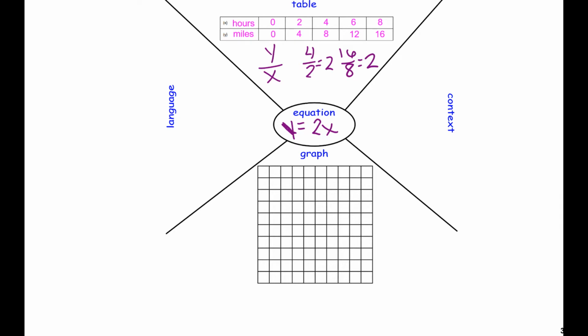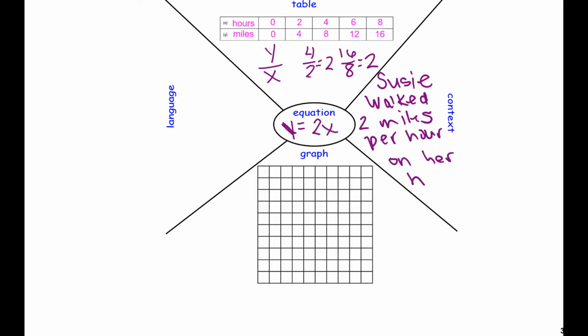So maybe the context could say something like, Susie walked 2 miles per hour on her hike. Something like that. Could be anything about someone walking or traveling 2 miles per hour. Since our unit rate was 2, we know that it's going to be 2 miles per hour.